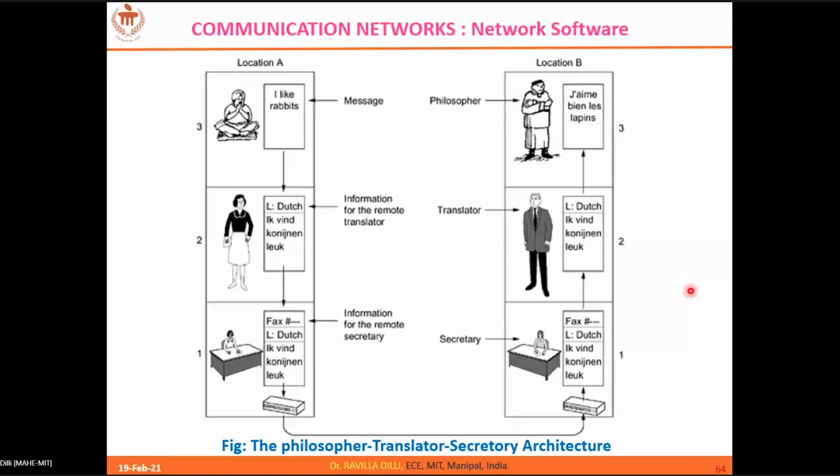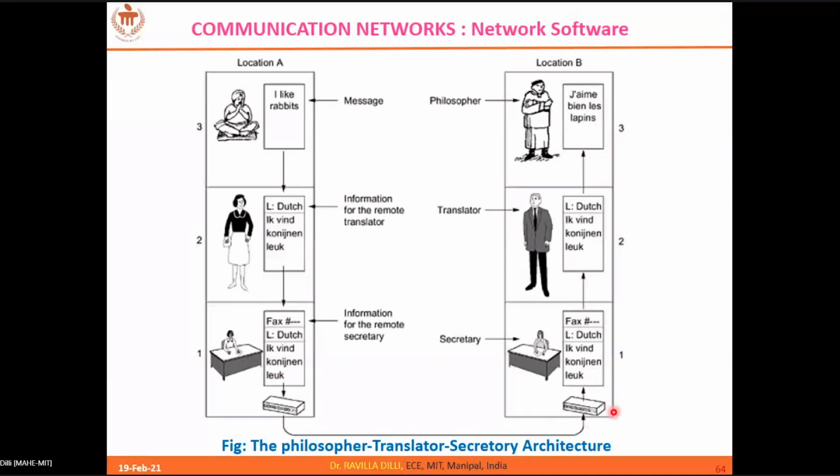Here, at location A, the person who is talking in English has an intermediate person called a translator, who will convert English into Dutch, and this Dutch content is forwarded through a fax machine.